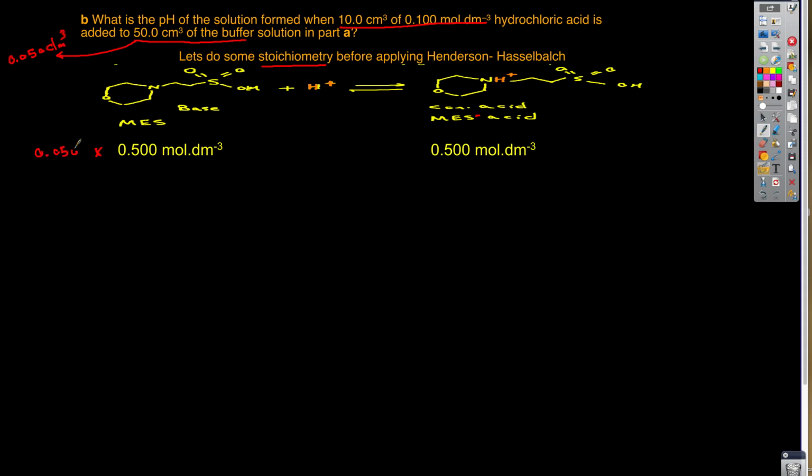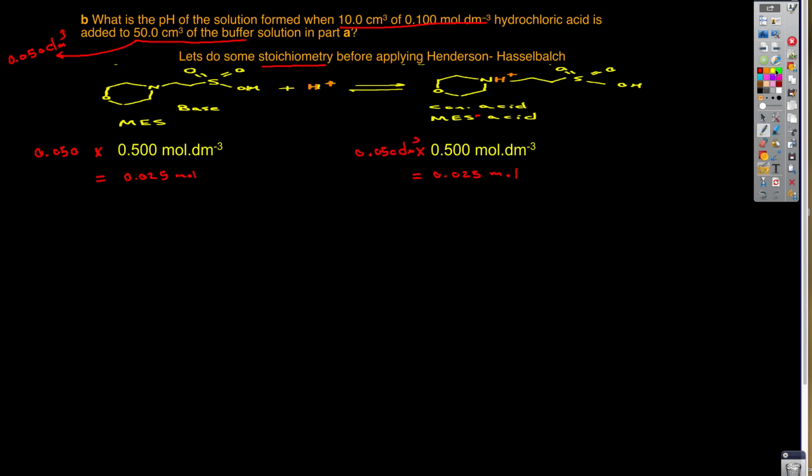If we multiply it by this, same thing for MES acid, 0.05 decimeter cube, what we find is moles of the MES initially and moles of MES acid also initially. This happens to be 0.025 moles, if I did my multiplying correctly.